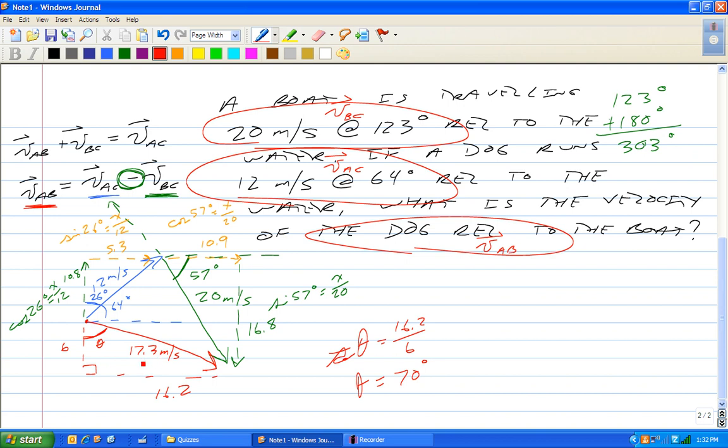Therefore, what's the direction of our vector? 340 degrees, because we're at 270 and then we go 70 more. So the final answer is 17.3 meters per second at 340 degrees.